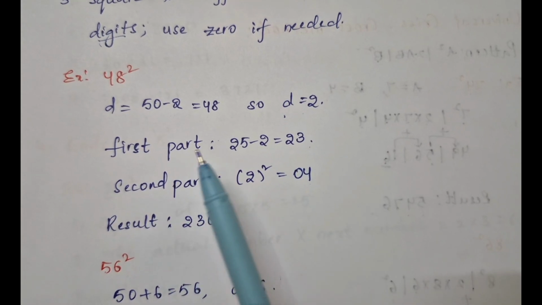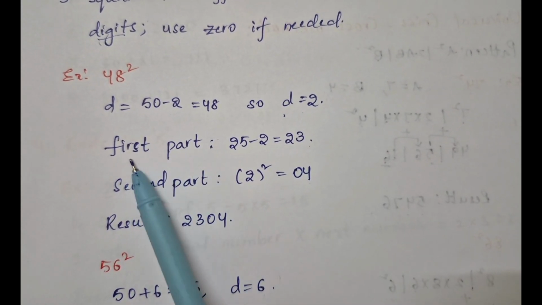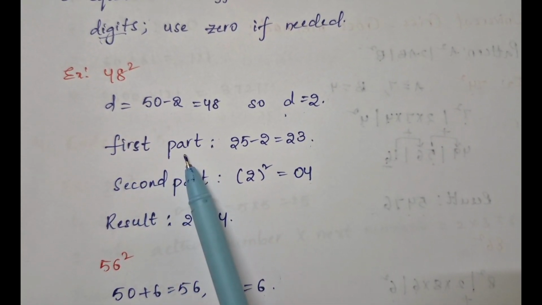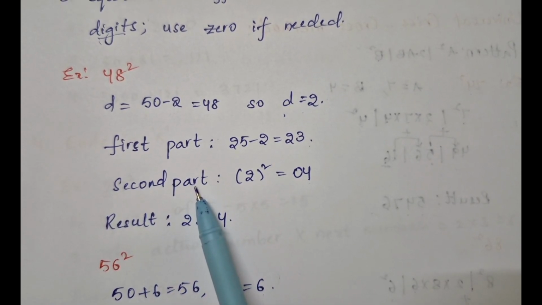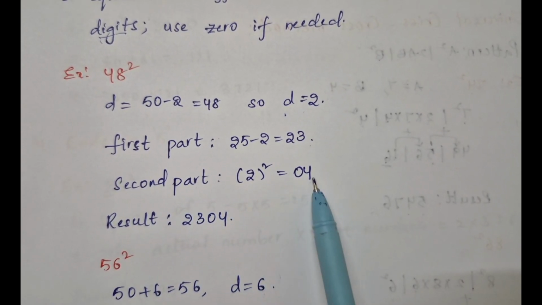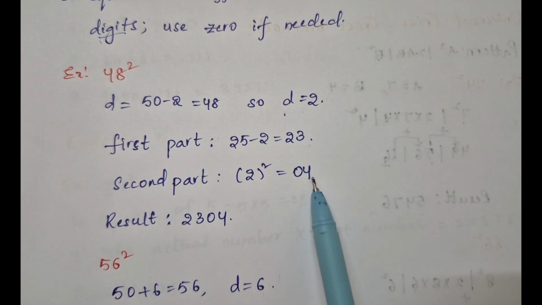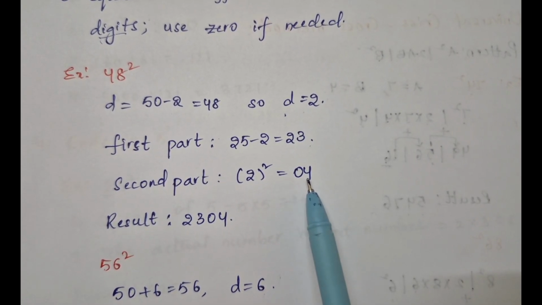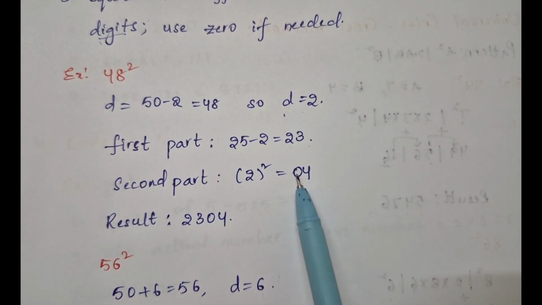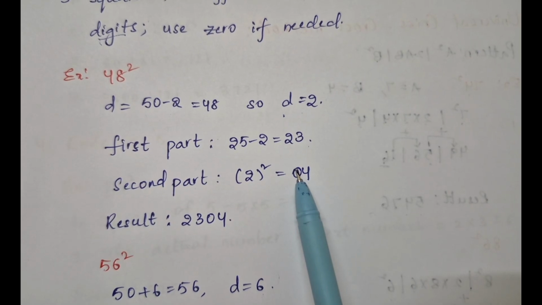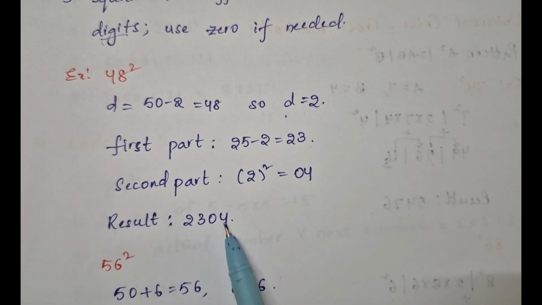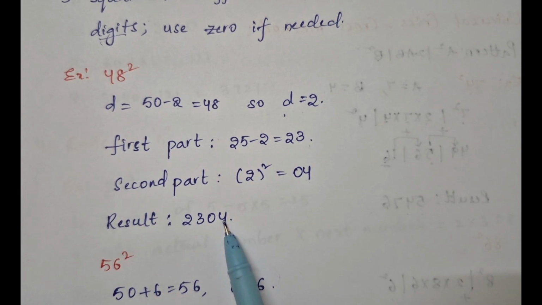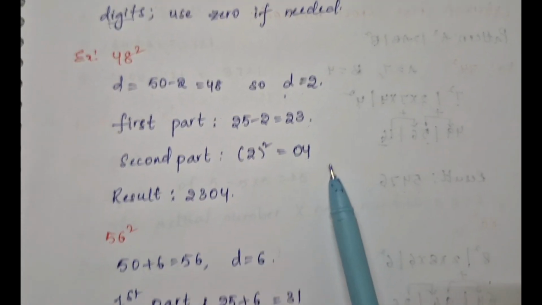That will be the first part. The second part is the square of the difference. What is 2 square here? 4. We got only 1 digit, so to make it 2 digits, we keep 0 before the actual digit. So it will become 04. So the result is 2304.